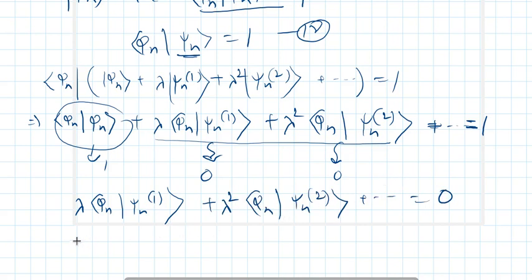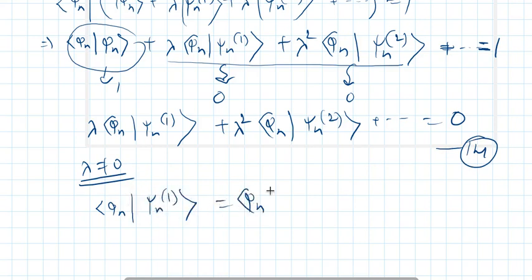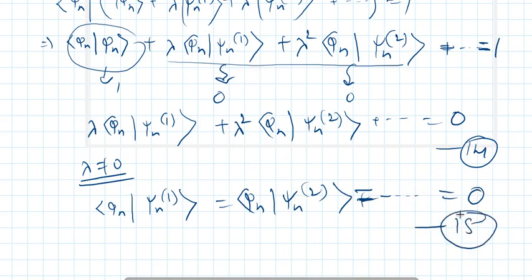So if lambda is not equal to 0, this leads to the conclusion that phi n psi n1 must be equal to phi n psi n2, and so on, and all are individually equal to 0. Let me call it equation number 15.